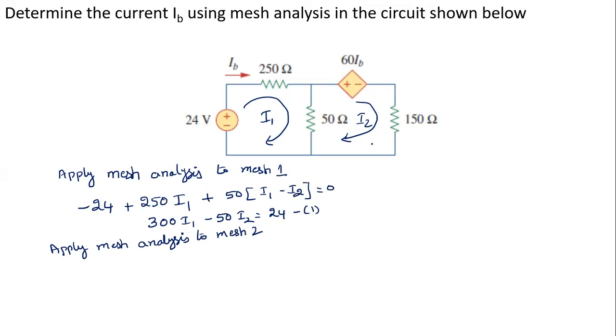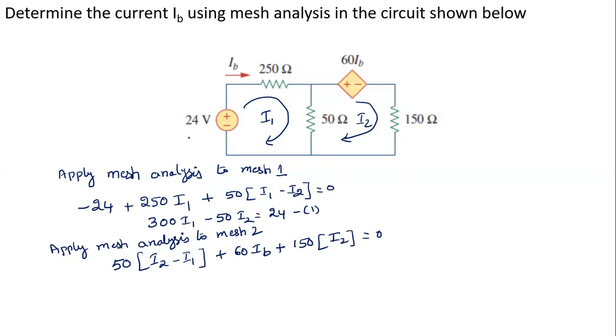The voltage drop across 50 ohms is 50 into (I2 minus I1), plus current is entering into the positive terminal of the dependent source, 60 IB, plus 150 into I2 should equal 0.